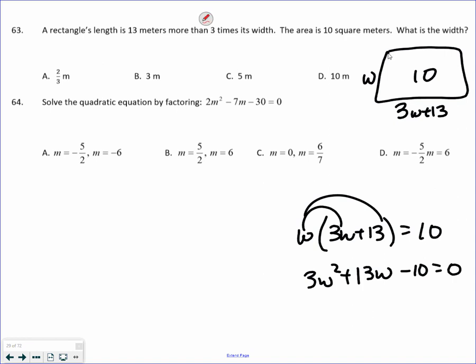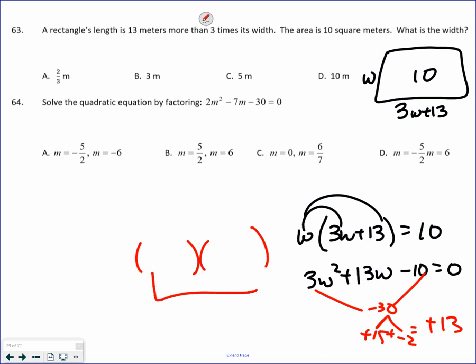And now we're back to factoring again. Negative 30. That would get you 13. And I think we've actually had that exact situation before. 15 and negative 2. I'm going to set the outer as one of those two numbers. And so I need a factor of the first times a factor of the last.